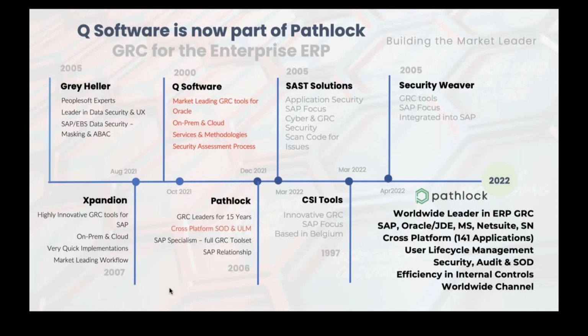We are the JD Edwards division. None of the other companies had JD Edwards products, so that means our products will continue and be developed further. Most importantly, we've got many more resources available to develop and take the products forward. User lifecycle management is one of the key areas where we see development going on.